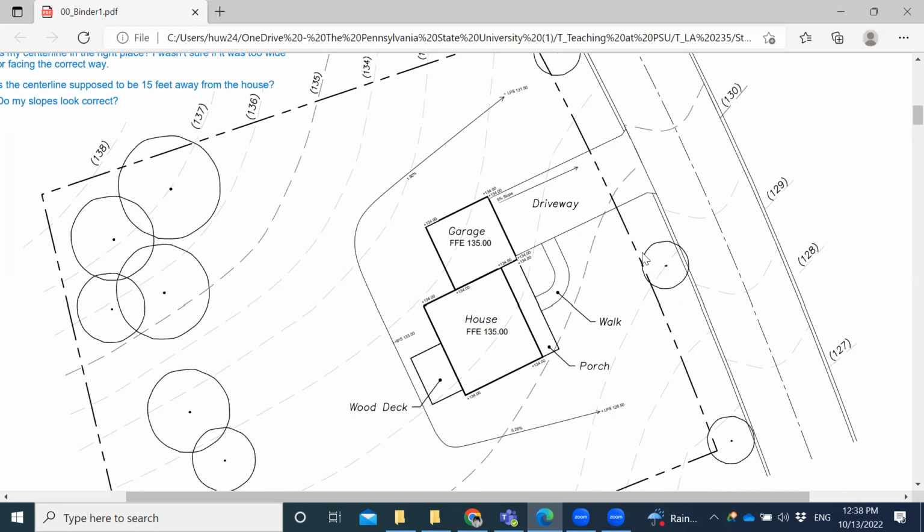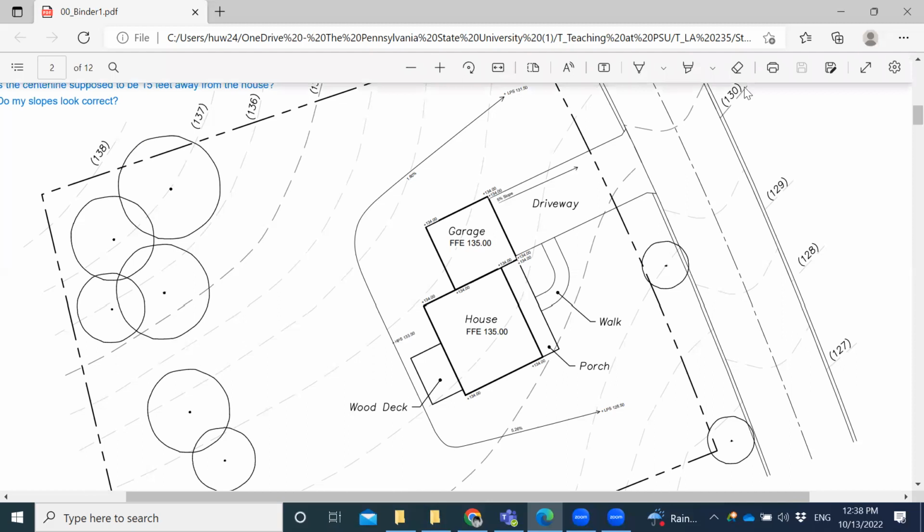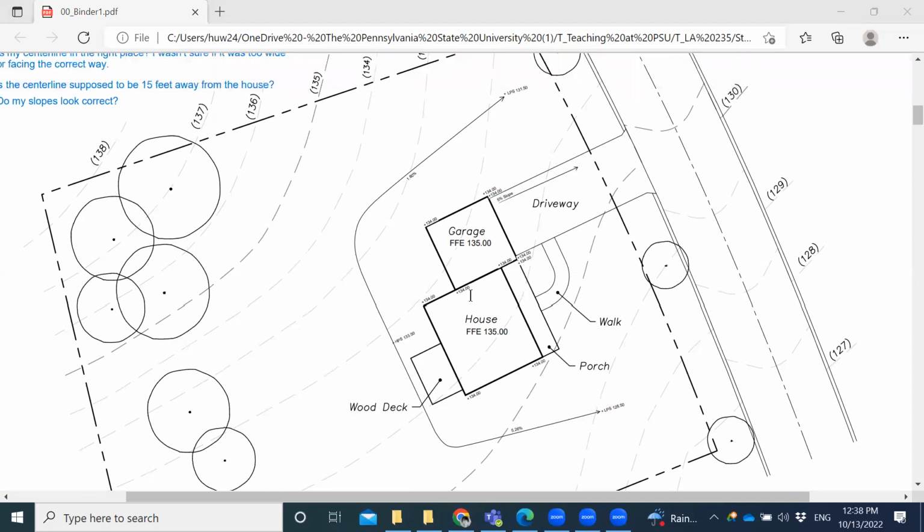Now, for folks that have a base map with a pretty short driveway, it might not work. So here, you can choose to calculate backwards, or you can choose to calculate in this direction from these two spots and see what's the maximum garage FFE that you can have.